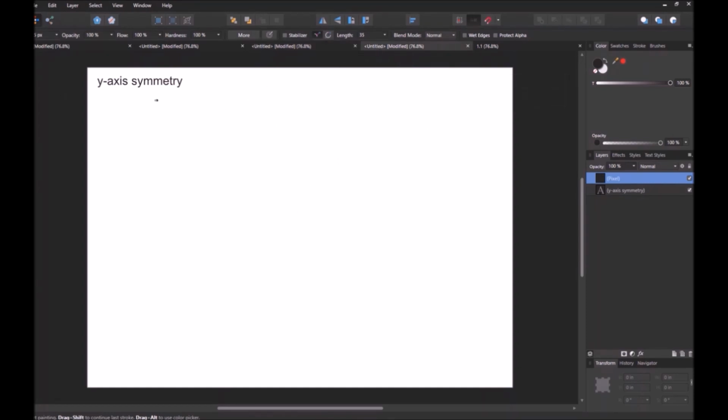Now we go to y-axis symmetry, which looks like this. Y-axis symmetry means that for any point x comma y on the graph, we also have the point negative x comma y on the graph.